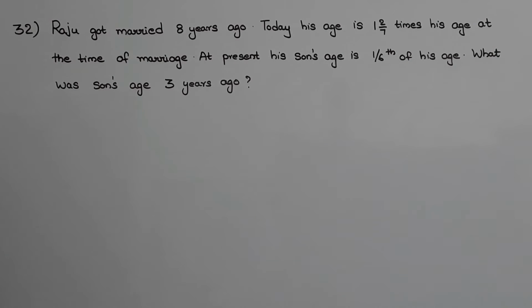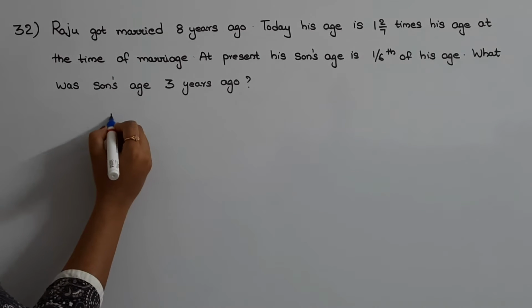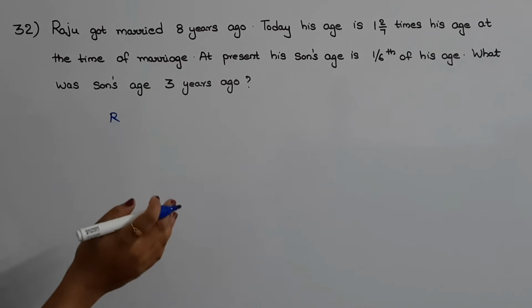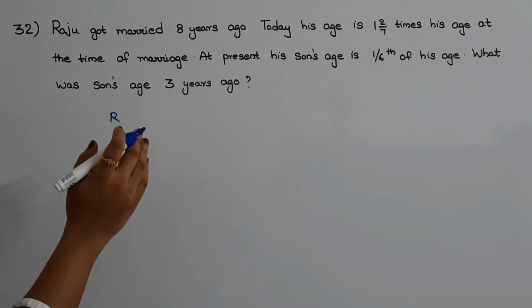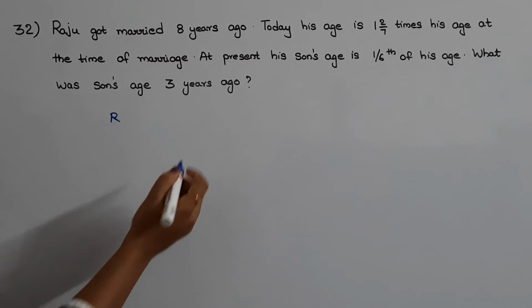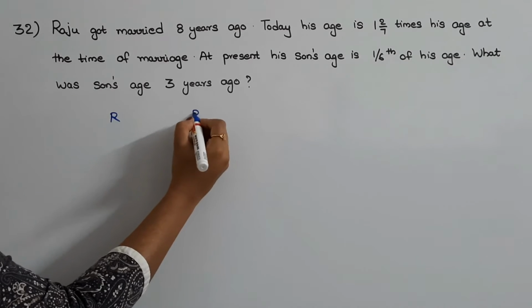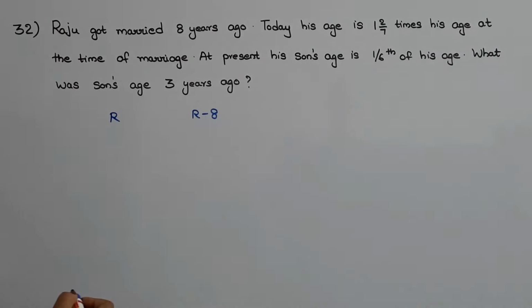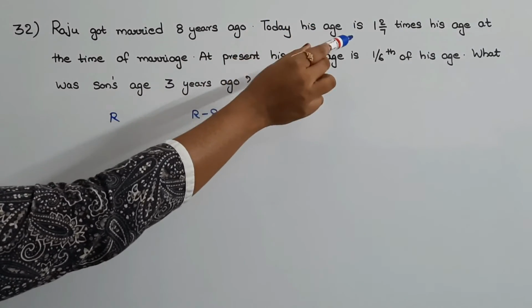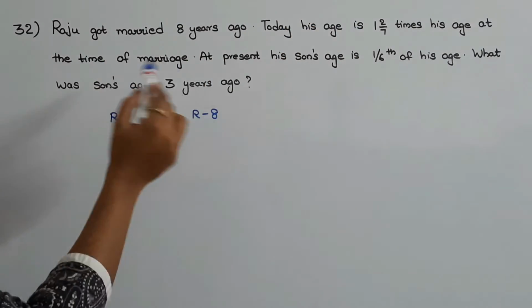Okay. So let us consider his present age as R. So if his present age is R, then what would be his age at the time of marriage? His marriage was 8 years ago. So at the time of marriage his age would be R minus 8. Okay. So they are telling that his present age is 1 2/7 times that of his age at the time of marriage.